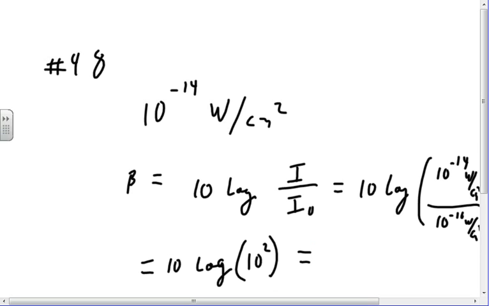In fact, I just take my red pen and go through them. So it doesn't matter. The common log, base 10, of 10 squared is 2. 2 times 10 is 20. 20 dB. Okay? Good enough?